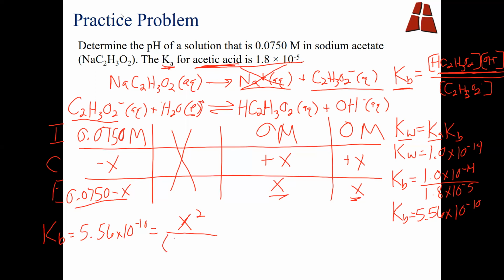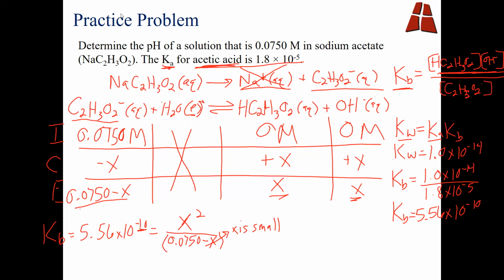That would be 0.0750 minus x. If we look at our Kb expression, this is times 10 to the negative 10th, which is much smaller than 10 to the negative 4th. So we can say this bottom x is small, which means we can ignore it.